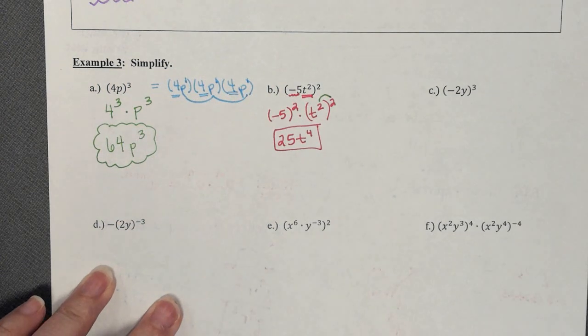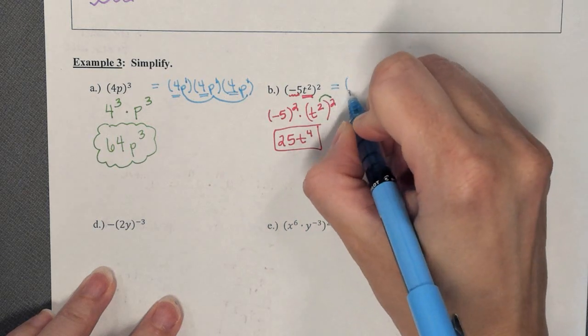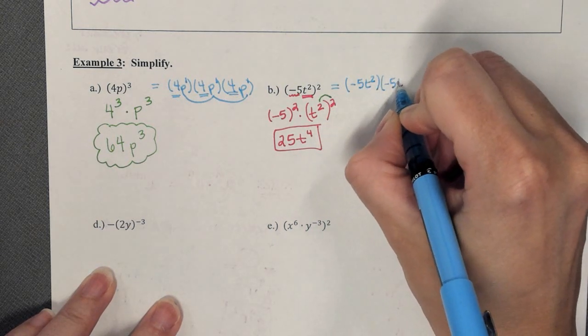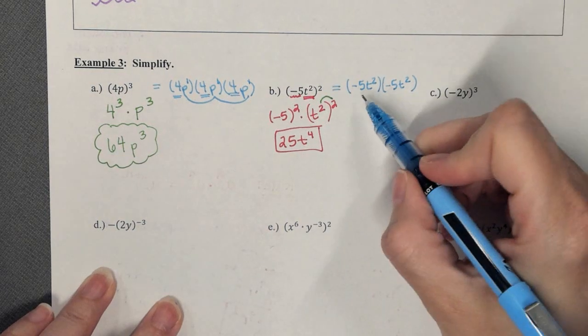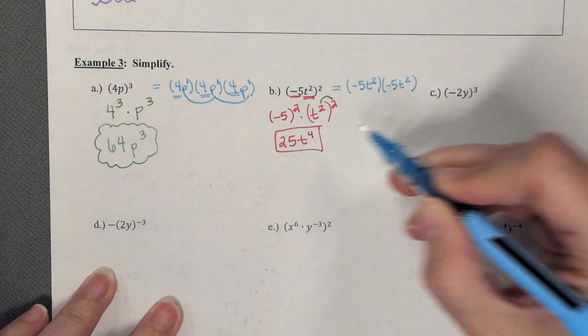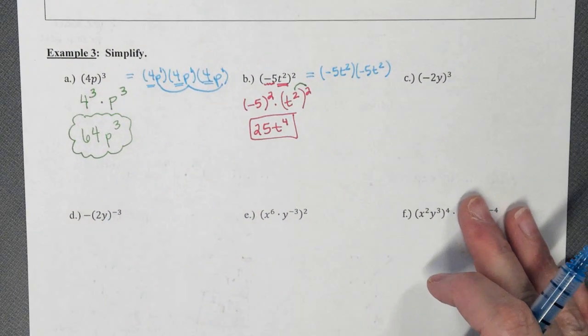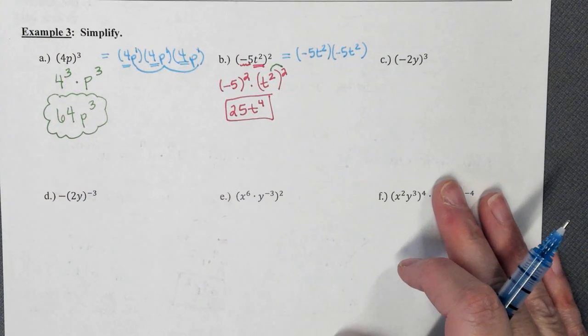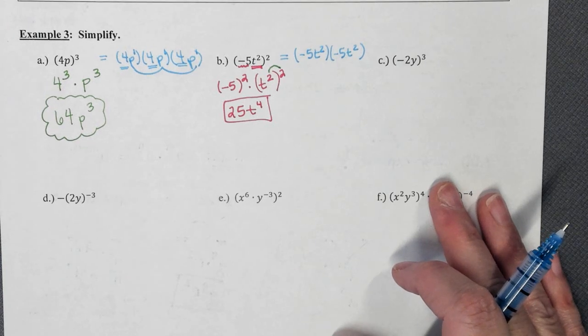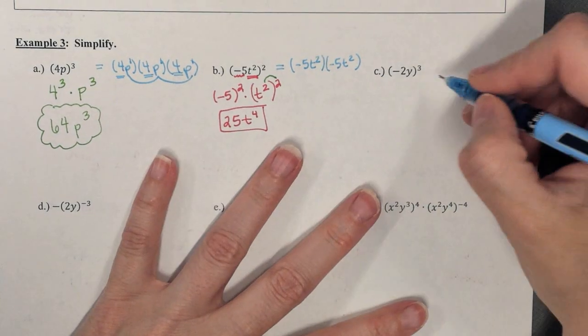P to the first, p to the first, p to the first. So if this is squared, you're doing negative 5t squared times negative 5t squared. So the negative times the negative is a positive. T squared times t squared is going to be t to the 4. Okay, so you could think of them that way as well when you have the numbers.